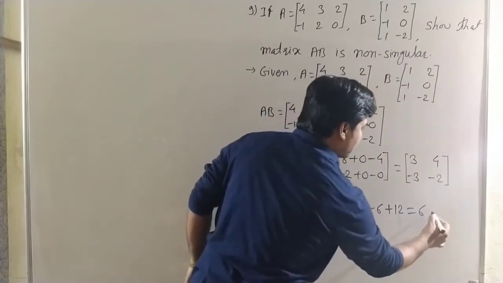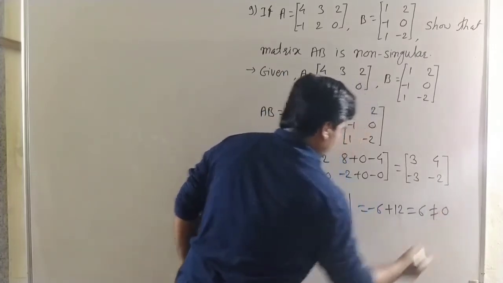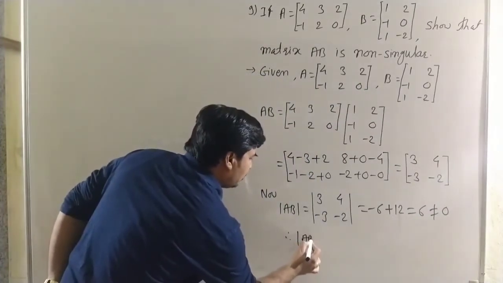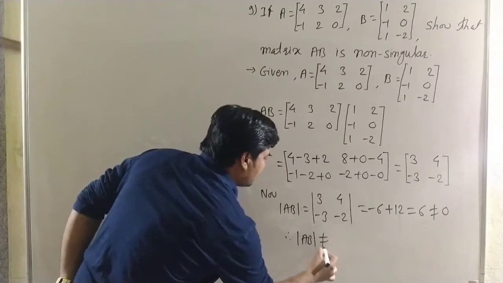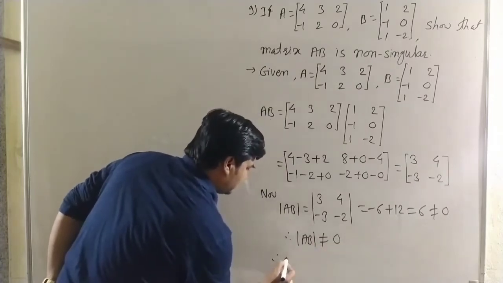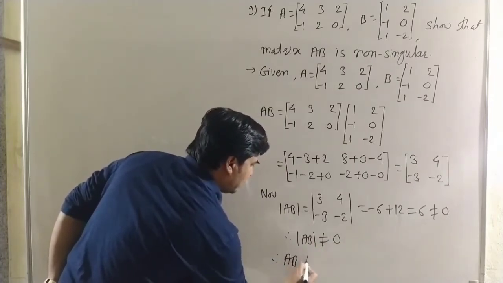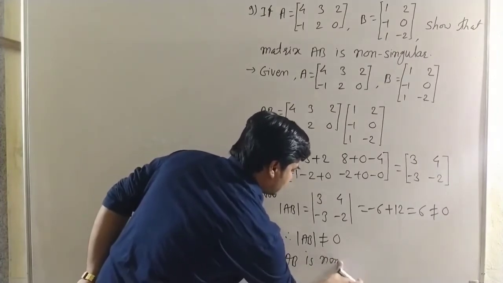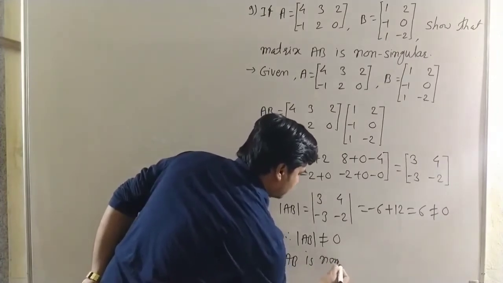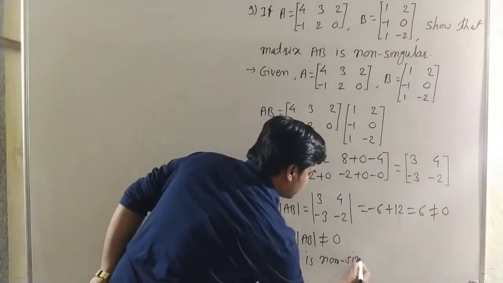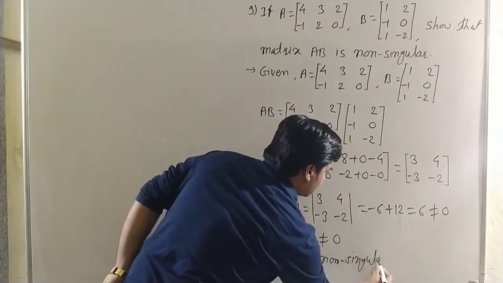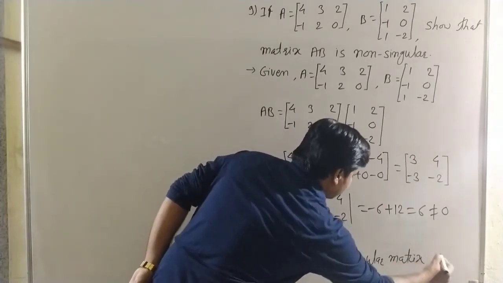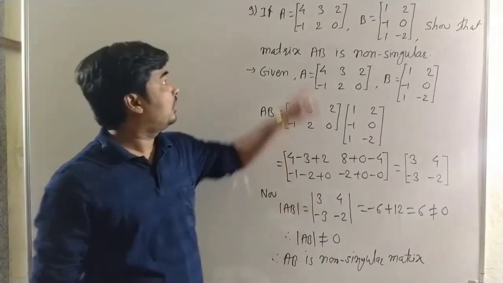Okay, and 6 is not equal to 0. Therefore determinant of A into B is not equal to 0, and therefore AB is a non-singular matrix.